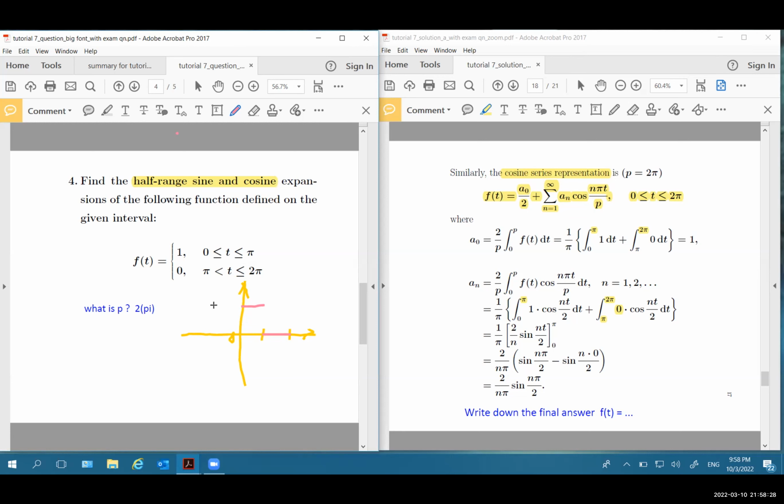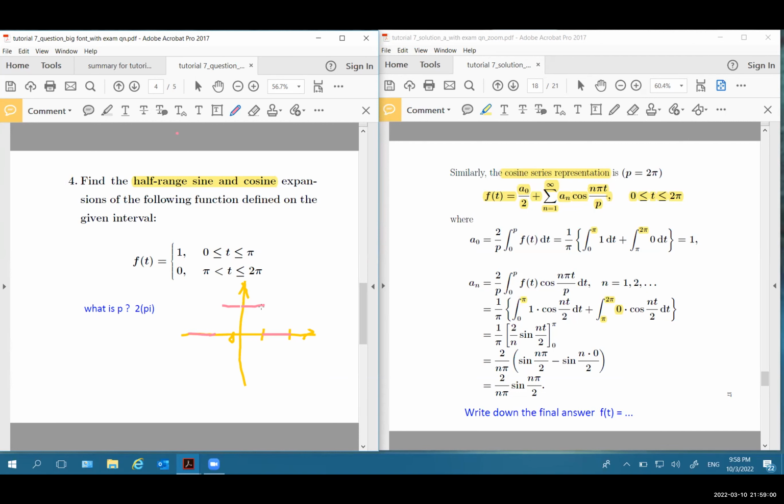When we make it an even function, when we extend this, the extension is going to be like that. So this is one period, and you can see that there is a discontinuity, right? So the discontinuity is actually here.